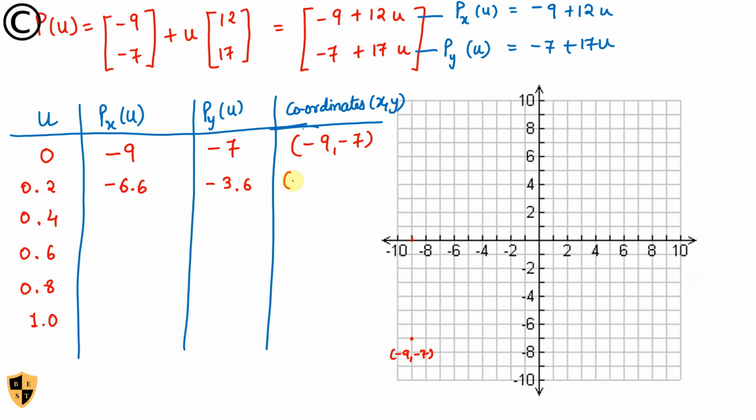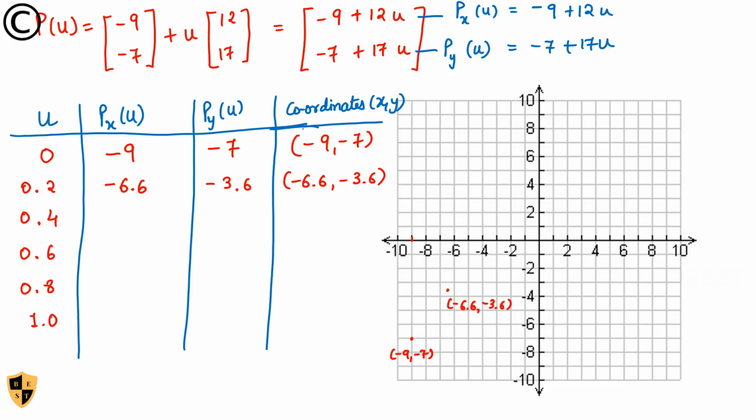So the coordinates would be -6.6, -3.6, and you can locate that easily in the graph. Somewhere here the point will be located. Same way we will do for all other possible values of u.